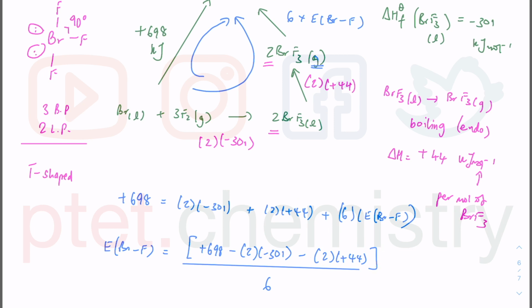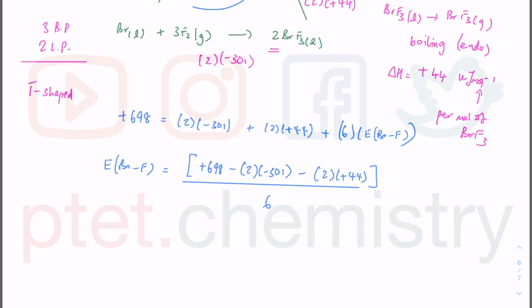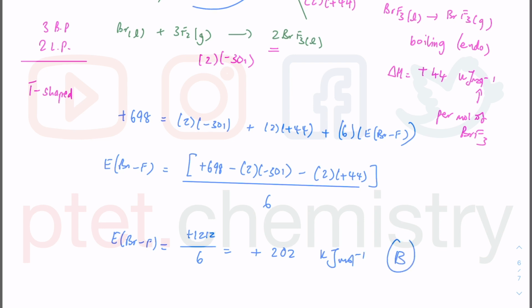Use a big square bracket, divide the whole thing by 6, and press that into your calculator. And I hope you get E(Br-F), the top bit, coming up to plus 1212 divided by 6, and that gave me plus 202 kilojoules per mole, and that is option B as the answer there.